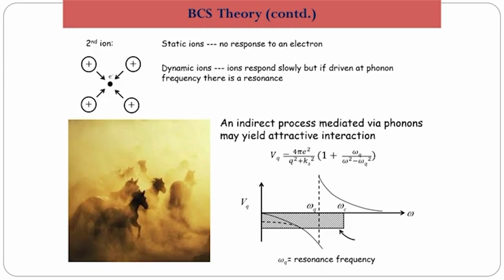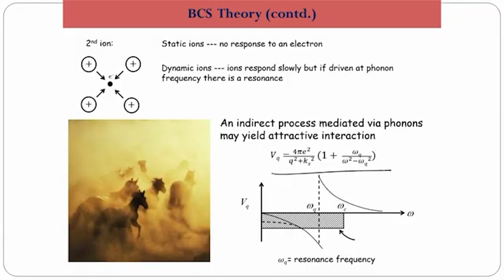So one electron going through the lattice picks up a lot of positive charge, just like this dust, and another electron seeing this ball of positive charge gets attracted towards it, and that gives rise to a potential proportional to 1 plus omega_q square by omega square minus omega_q square. Here omega is the total energy of the two electrons, and omega_q is the energy of the phonon.